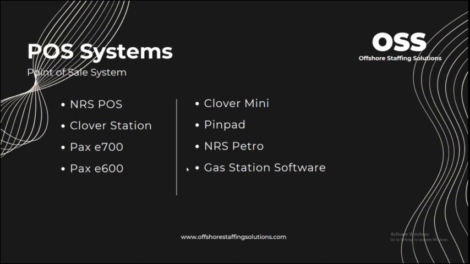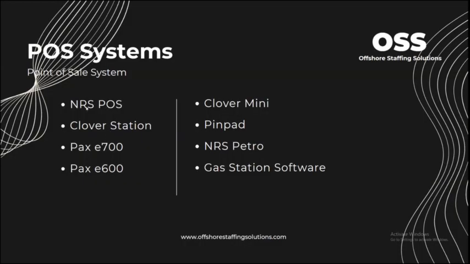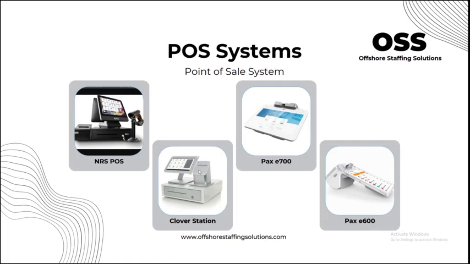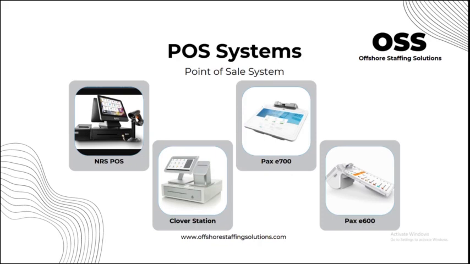Now, these are the options we have in the POS systems. NRS POS. This is also a model for POS. The very first one is called NRS POS. Now you will understand what this all means. Clover Station. This is what Clover Station looks like. PAX E700 looks like this.